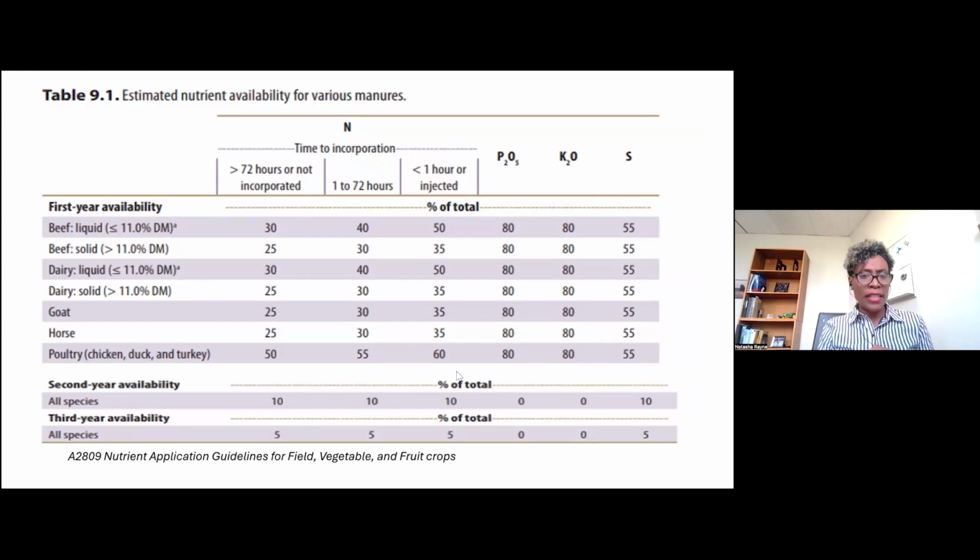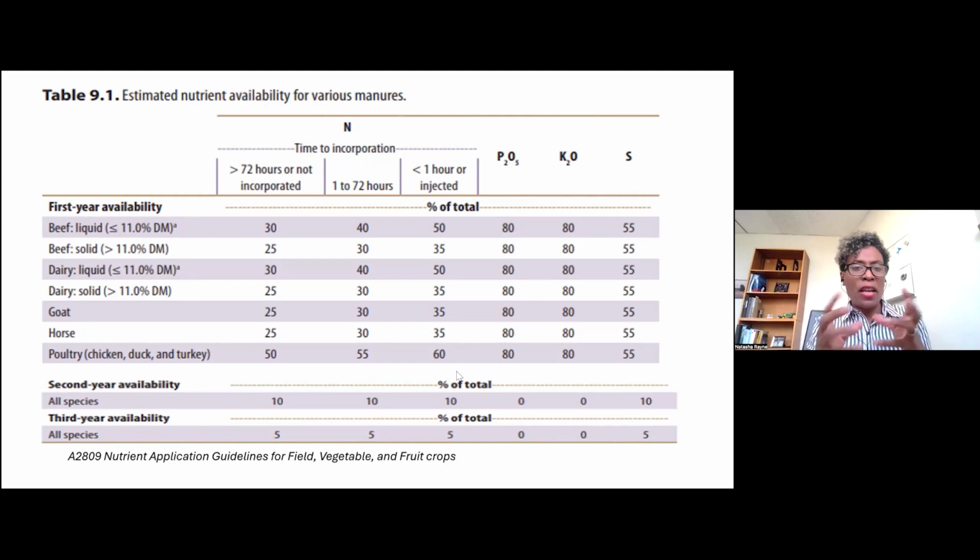This is a table that you'll see in our nutrient application guidelines. All right, you see first year availability, second year availability, third year availability for different manure types. And for example, if we look at solid beef manure, right, you see that for unincorporated manure, or manure that sits on the surface for more than 72 hours, that the availability is 25%.